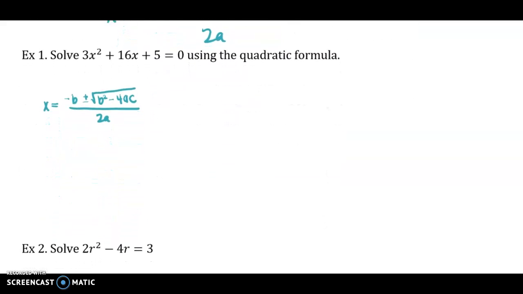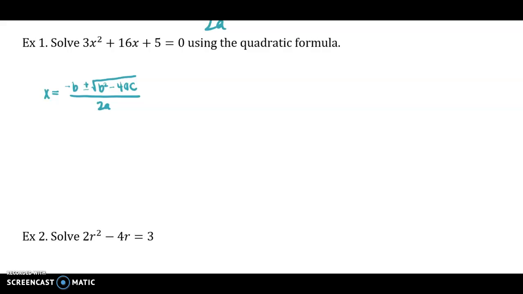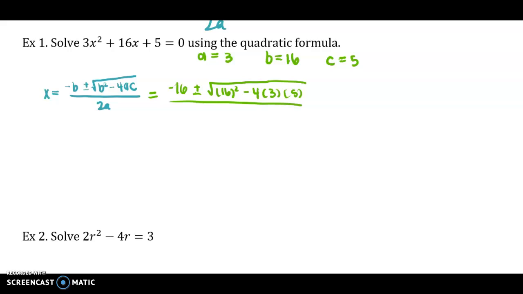So first thing you want to do is make sure it's in that format, ax squared plus bx plus c, and it is. So in this case, a is equal to 3, b is equal to 16, and c is equal to 5. So we're going to go ahead and plug it in. Negative 16 plus or minus the square root of 16 squared minus 4 times 3 times 5, all over 2 times 3.